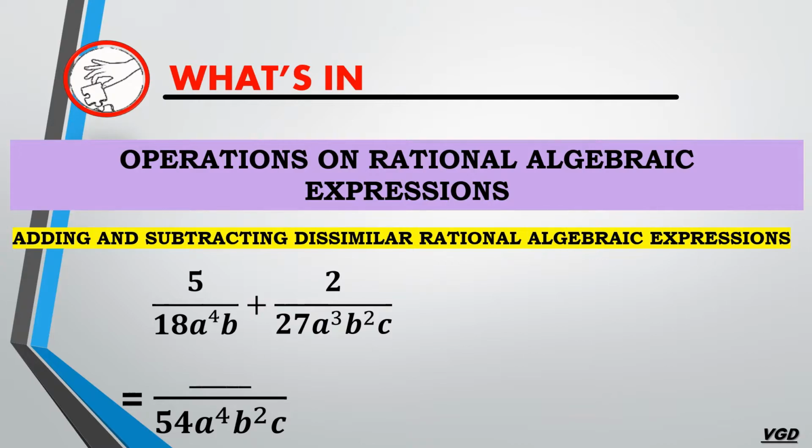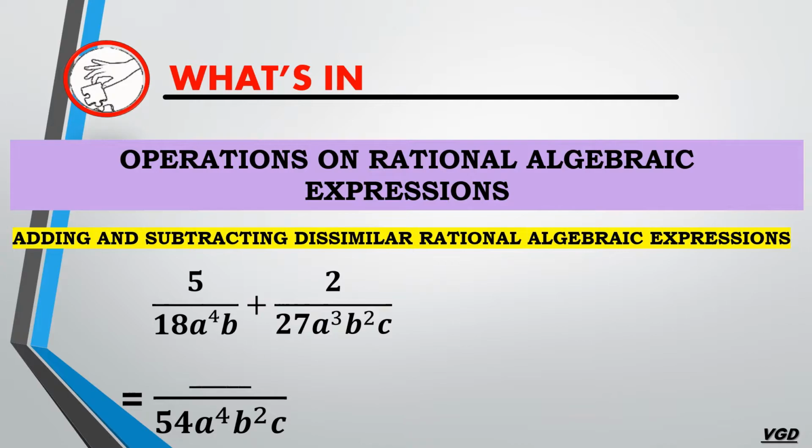And for the variables, we have to get those which have the greatest exponent. That's why we have 54 as our numerical coefficient of our LCD, and a to the power of 4, b squared, and c as our literal coefficients of the LCD.